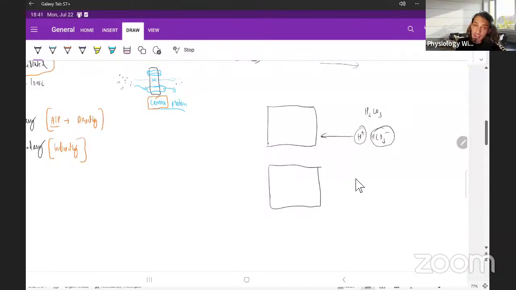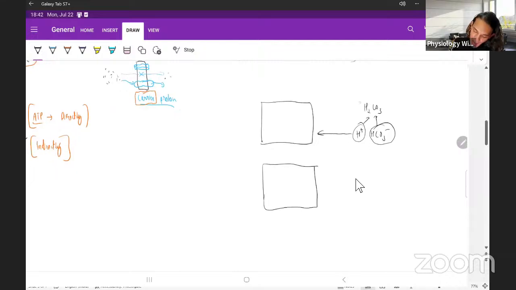Although their concentration gradient is higher over here, they cannot pass through the membrane as such without any particular transporters. So what is it going to do? It goes back to being H2CO3, which splits to form CO2 and water.